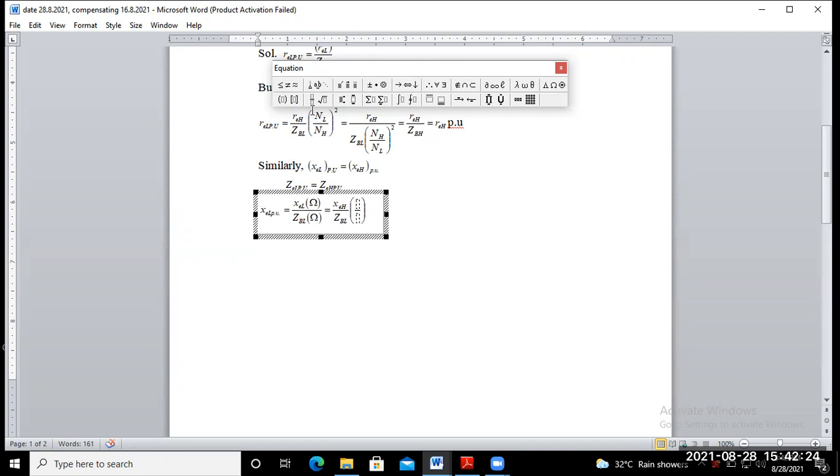NL, that means low voltage side number of turns, is represented by N suffix L, divided by number of turns on the high voltage side, represented by NH, whole square.